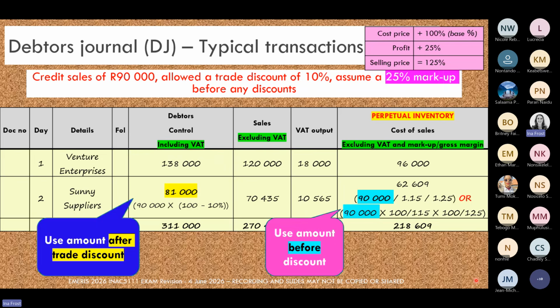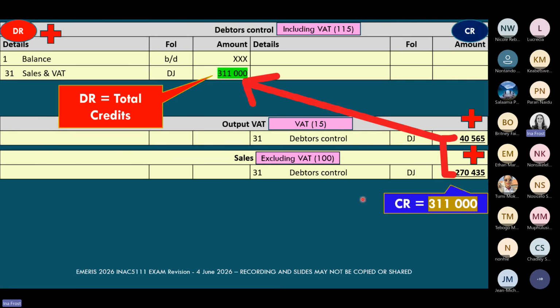The same thing will apply for a cash sale. It will work exactly the same for a cash sale. Again, we need to post this debtors journal into the general ledger. What will the double entry look like? This time around, we're going to debit the debtors control account because a debtor is an asset and an asset increases on the debit side.